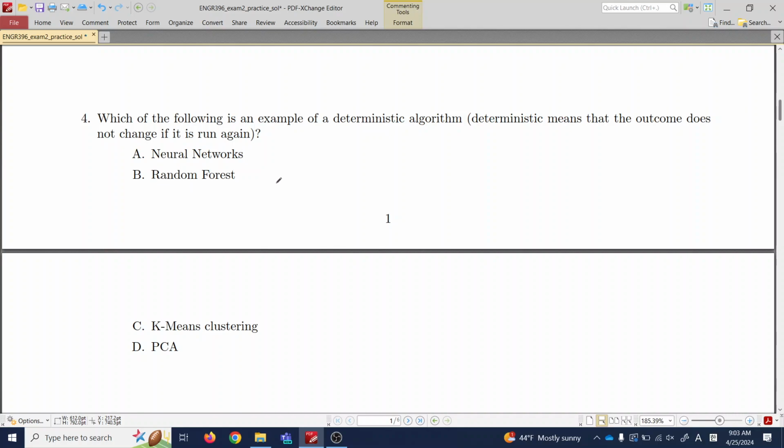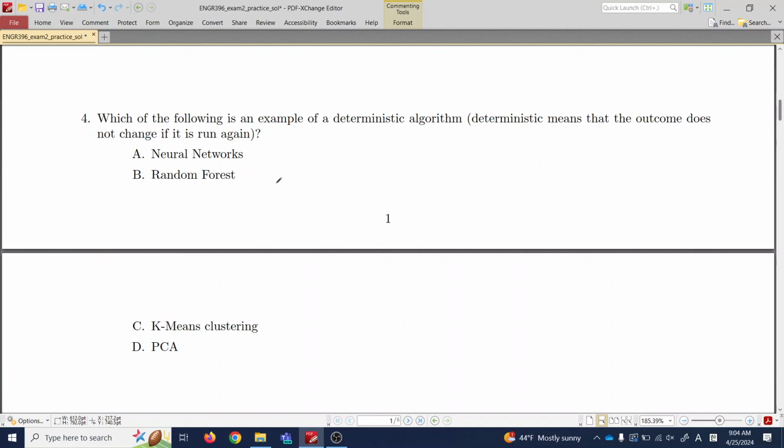Random forest, of course, is random. What does it do? First of all, it generates a random tree by randomly selecting a subset of the features. You don't use all the features, just a subset.